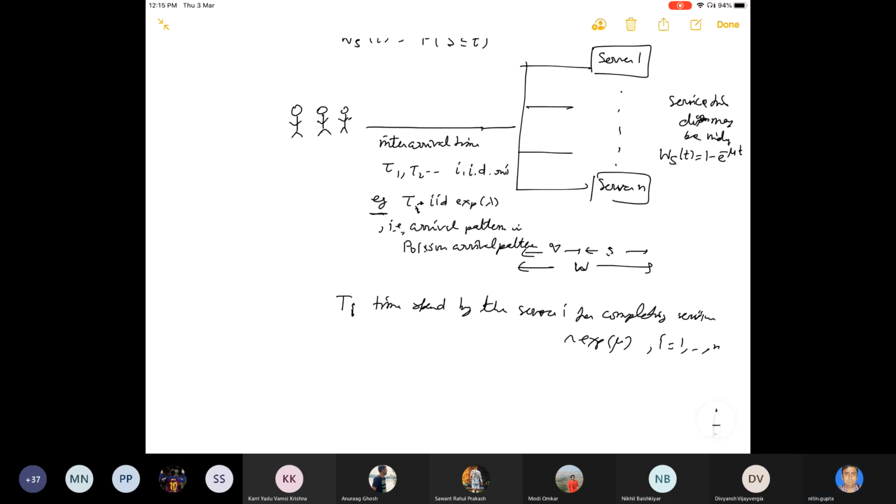Then if there are n persons, then n servers are busy.